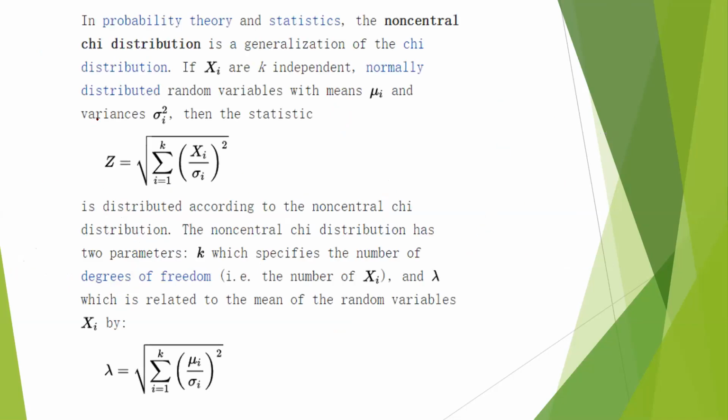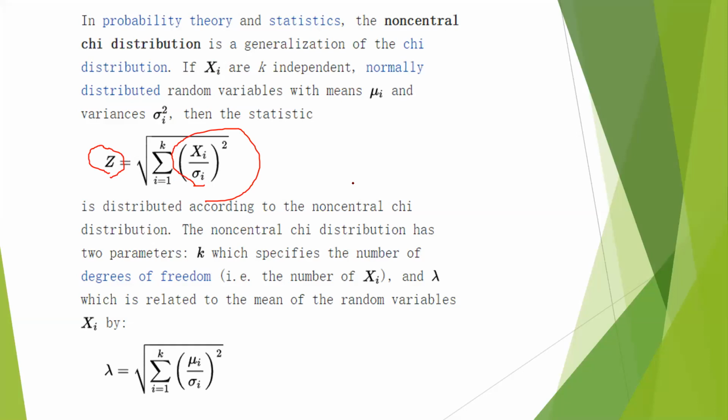All right, this slide just shows you the relationship between the normal distribution, the normal random variable, and the chi-square distribution. I have already provided a link to you, right?